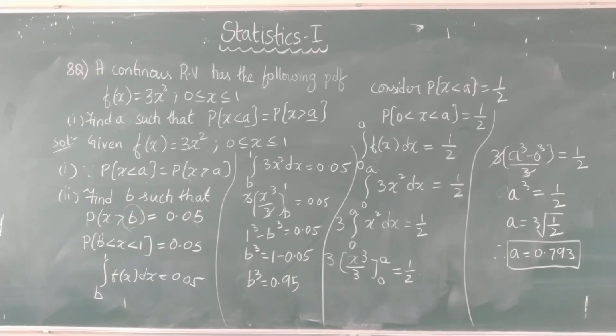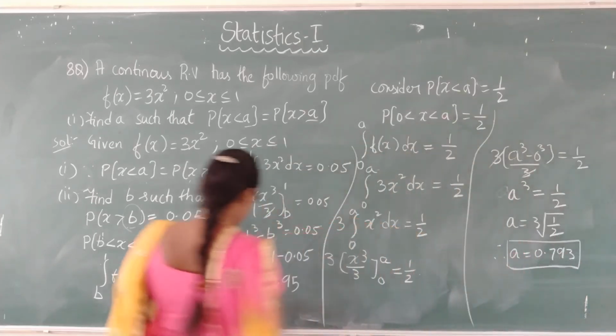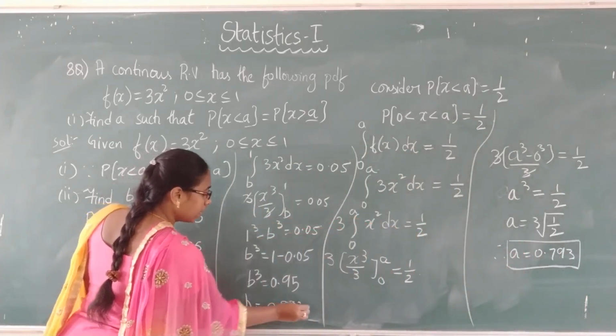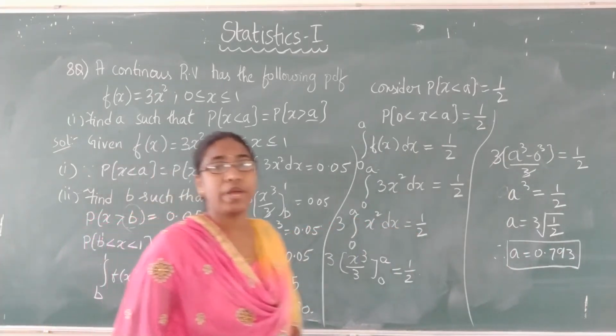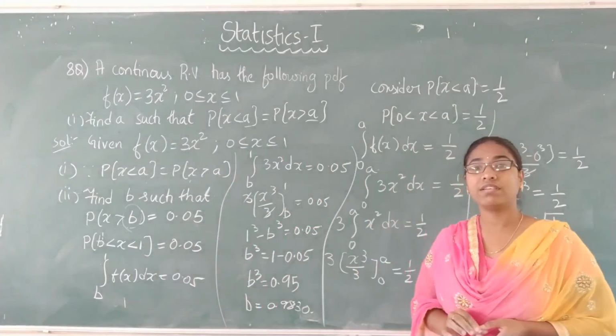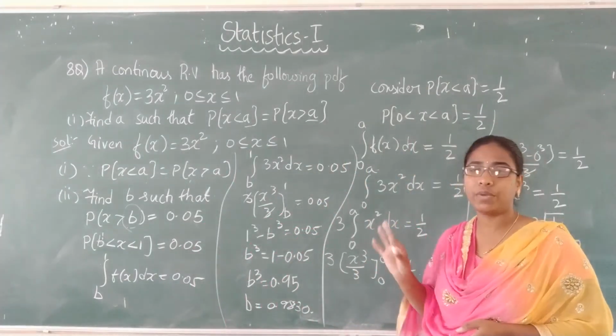So what is the b value? B equals 0.9830.